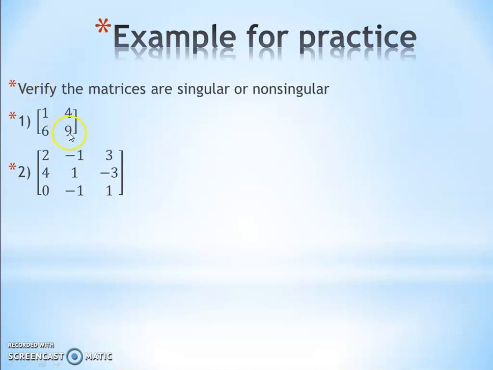For the 2 by 2 matrix, 9 into 1 minus 6 into 4. For the 3 by 3 matrix, take the first row first column, first row second column, first row third column. Then simplify to get the answer. Today's lecture is over with the topic of singular matrices.